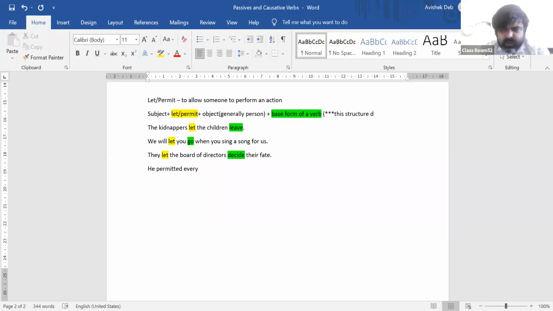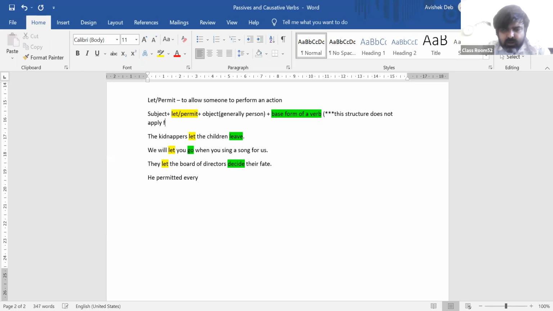The structure does not apply for permit. Why? Because permit has a regular structure.